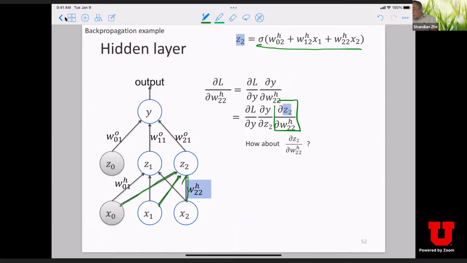So to compute partial Z2 over partial W22H, we again apply the chain rule, because this is essentially a composite of a linear function and a nonlinear activation function.